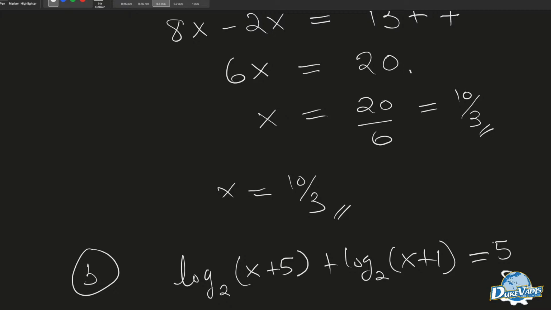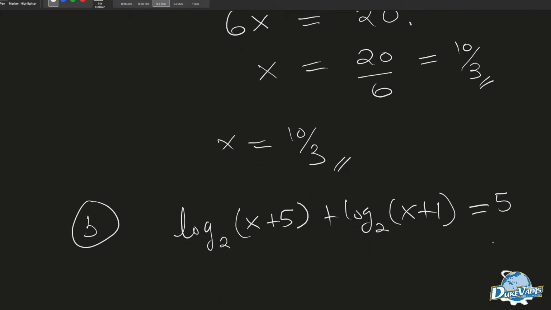Oh, beautiful. You see now, also in this very question, the bases are the same. Have you seen it? Our base 2 here is the same as that.